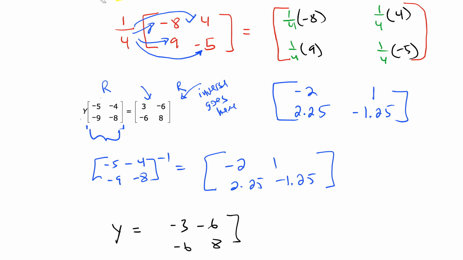So I just copied this one down, times the inverse, which is -2, 1, 2.25, and -1.25.